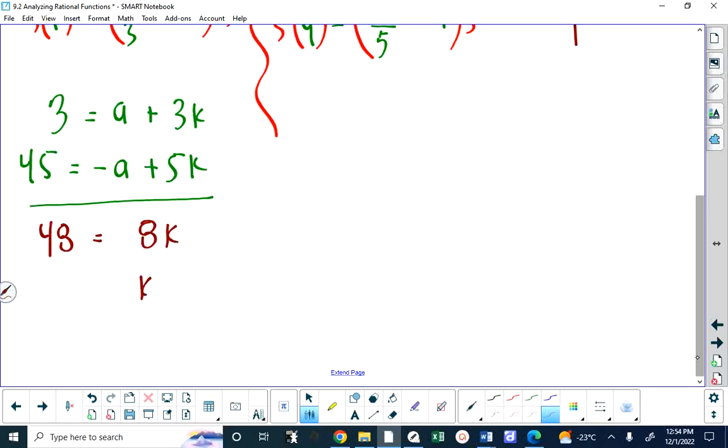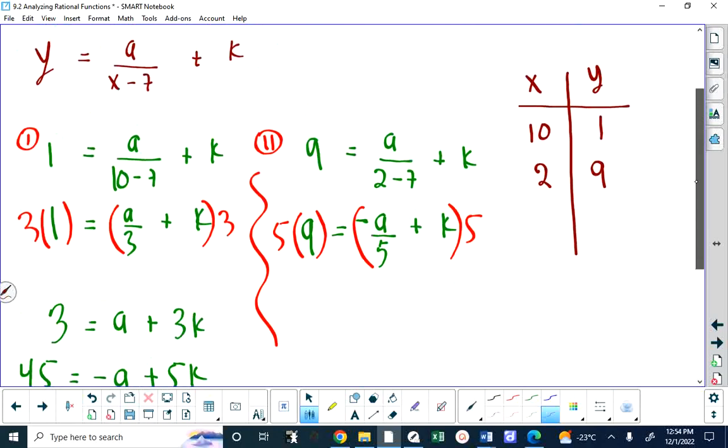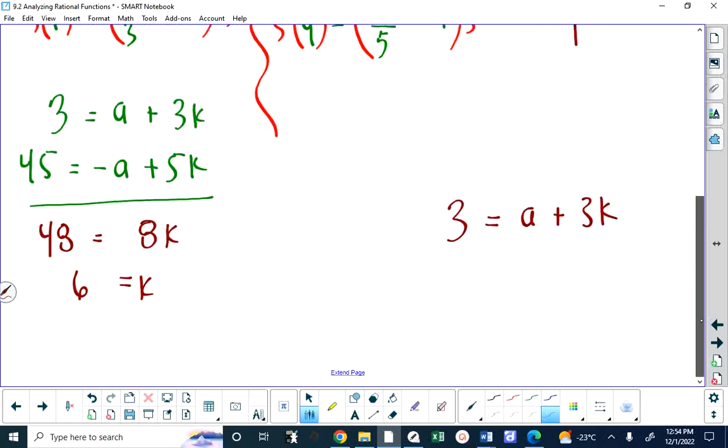So now I can divide both sides by 8 and get 6. Once I know what k is, I can just grab any of these two equations, and was it really 3 equals a plus 3k? It was, okay. And put in for k the value of 6 that I got.